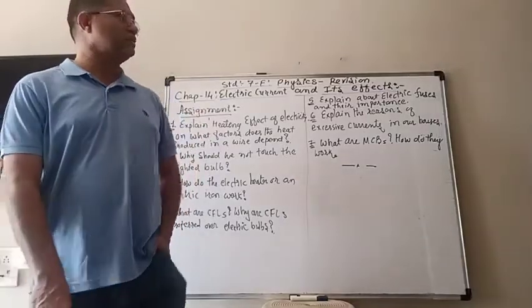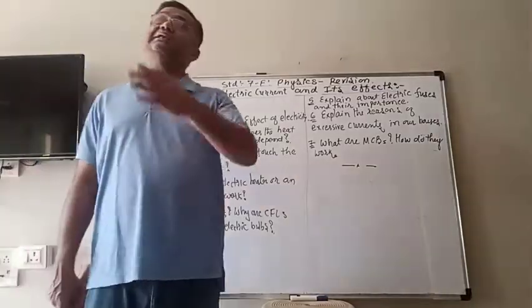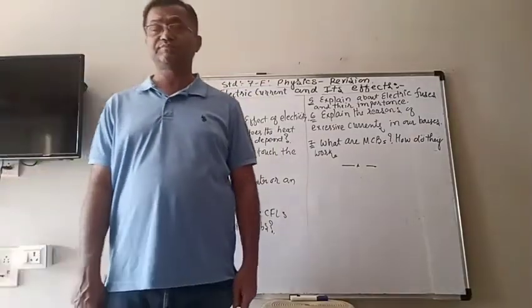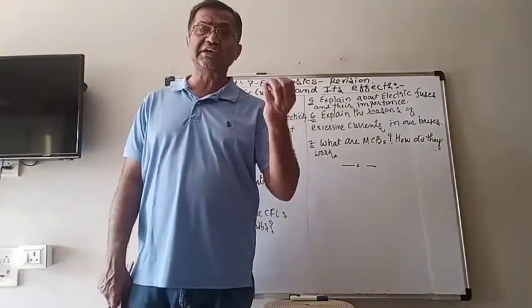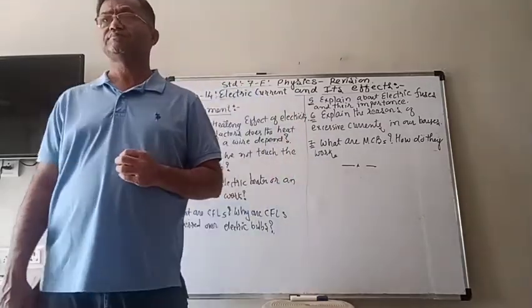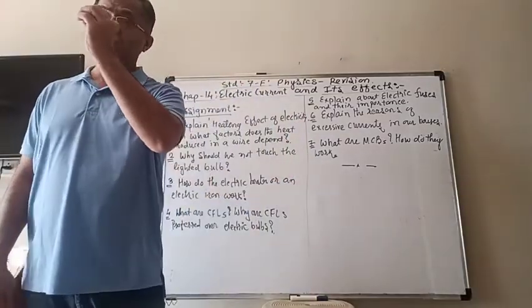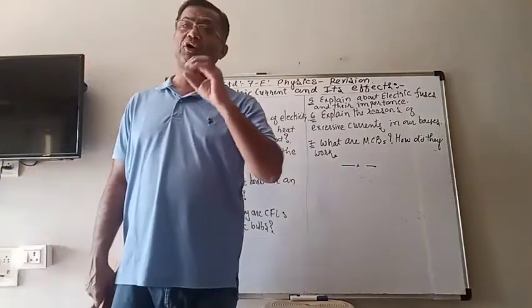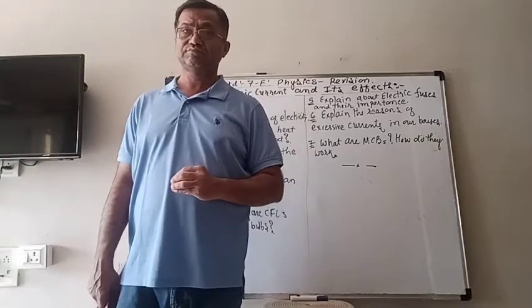Now here we saw that when we light the bulb and the bulb is getting hot, in this situation the heat produced is actually undesirable, because we switch on the bulb only to get the light.